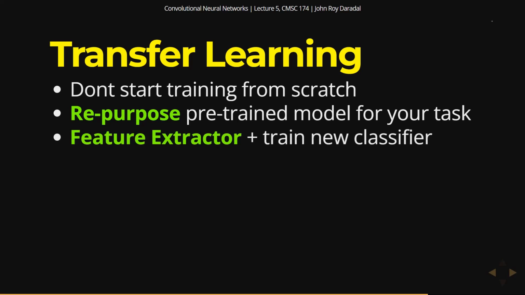You can use the early layers of the ConvNet that was already trained as a feature extractor, and then you train a new classifier on top of that. So remember that we have conv layers and pooling layers. Those act as feature extractors, right? So you can just use the feature extractor of that model, and then you train a new classifier according to your task on top of that. So you can do that, so that you don't have to learn the new weights of the filters again. So you only need to learn the classifier's weights this time.